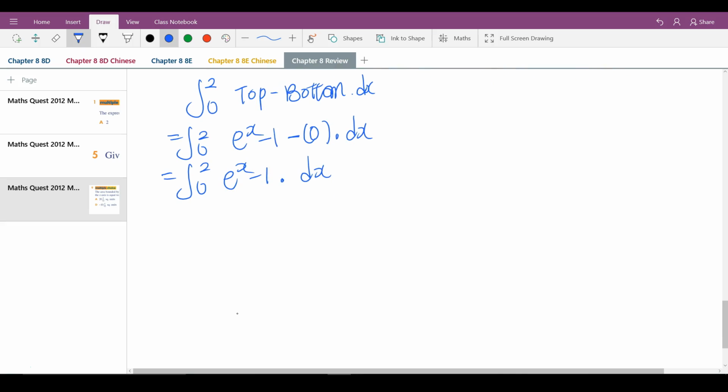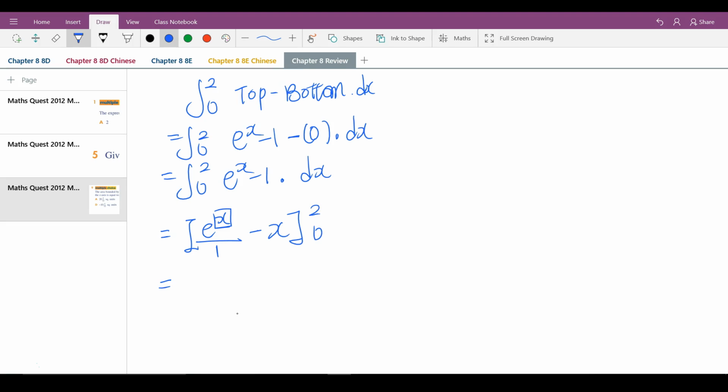Alright, now let's integrate. When you integrate e to the x, it doesn't change. You divide it by the derivative of the exponent, which is 1. Minus x, from 0 to 2. Now we can set the numbers in. This is e to the power of 2 minus 2, minus e to the power of 0 minus 0.